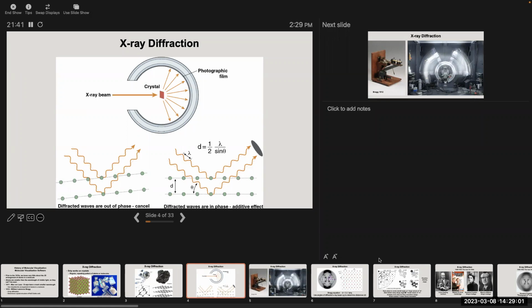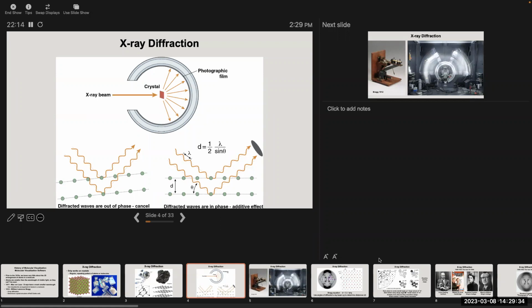Theta is the angle. And remember I said that you only produce diffracted waves that are in phase. You're only going to get one of these black dots at certain very specific angles between the crystal and the beam. So you can determine the angle theta by simply looking at the position of the black dot on the photographic film. The black dot is going to be rotated a certain angle away from horizontal, right?